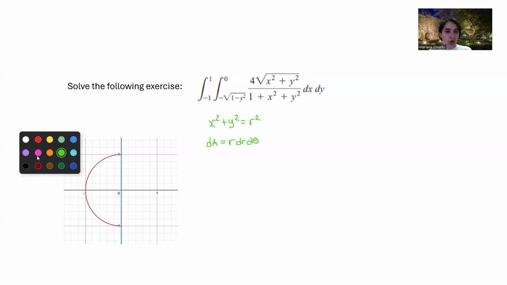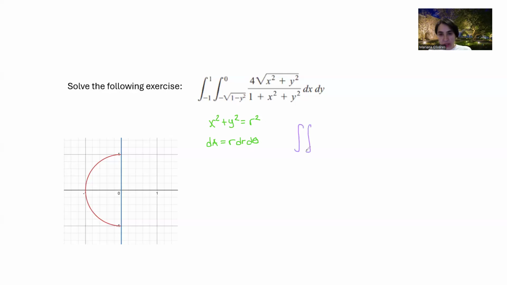Let me change colors. So basically, we can convert this double integral into a square root, and the thing that we have here inside is r squared. And here in the bottom, we have a 1 plus r squared.